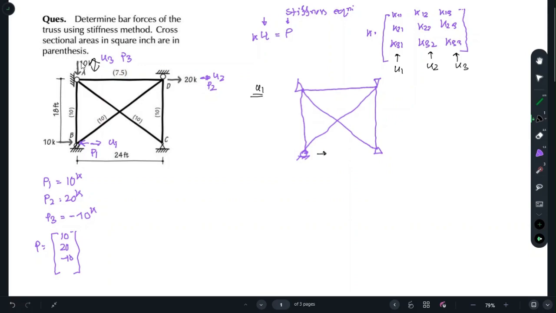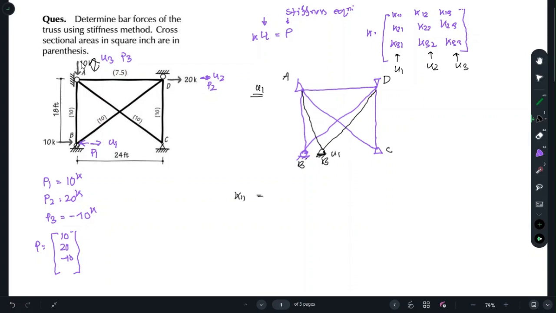If you allow movement E1, this member will come a little bit rightward and it will connect right over here. So you can see that if this is A, your B would be right over here. This is C and this is your D. So you can see that your AB member and BD member have been displaced. So we'll find out K11, K21, K31. So how do we find out K11?